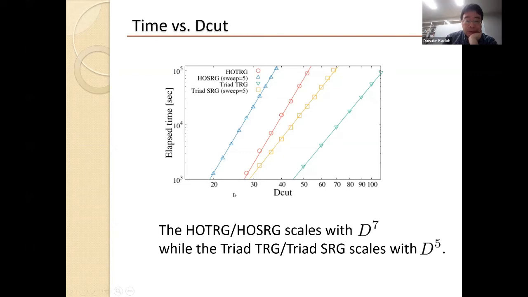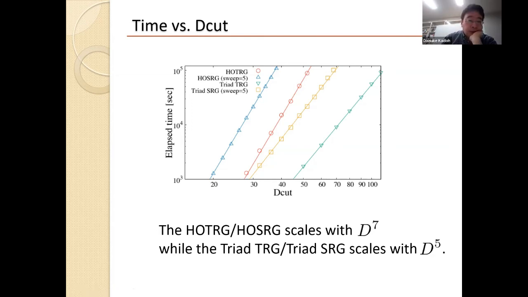So from this figure, the HOTRG and HOSRG scale with d to the 7th, and the computational time of triad SRG and triad TRG scales with d to the 5th. These dependencies reproduce the theoretical expectations.